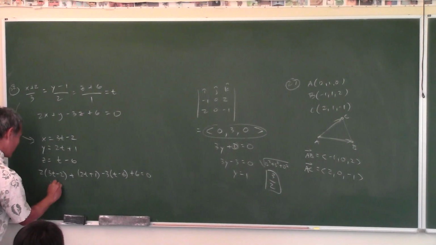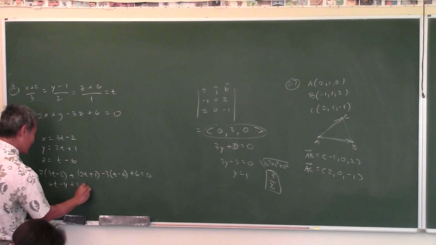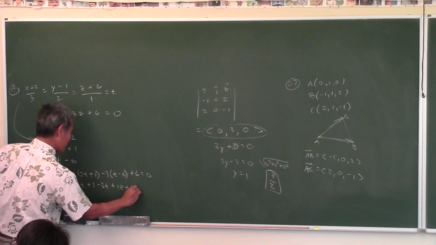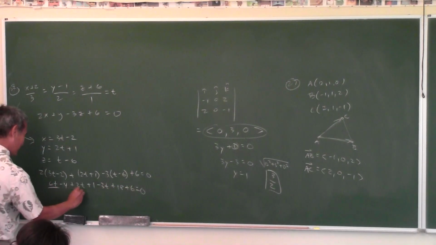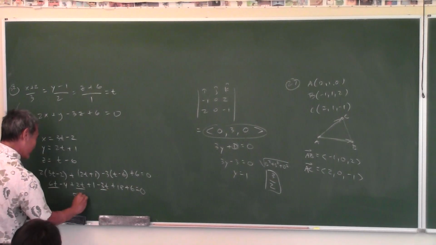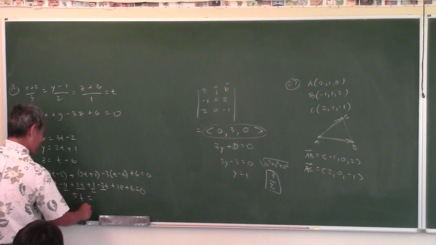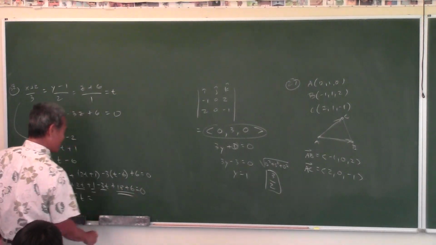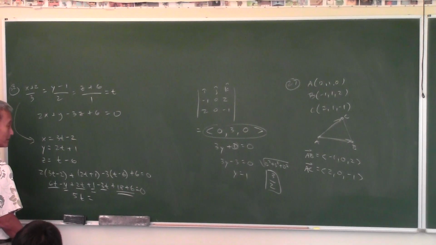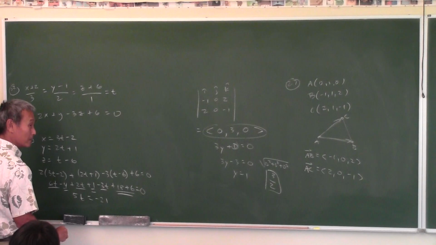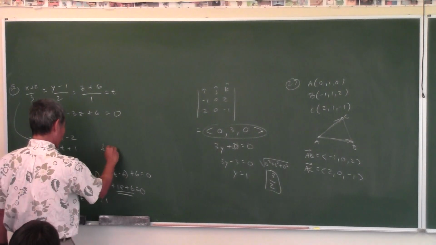So 6t minus 4 plus 2t plus 1 minus 3t plus 18 plus 6 equals 0. What does that come out to? That's 8 minus 3, 5t is equal to negative 3 and 24. What is negative 3 and 24? 21, so negative 21? So t is equal to negative 21.